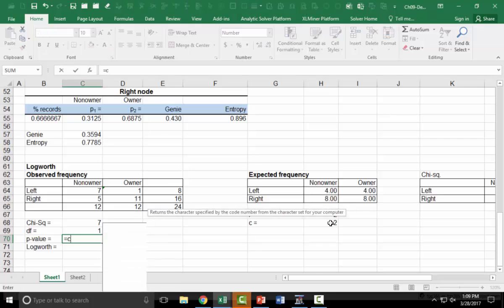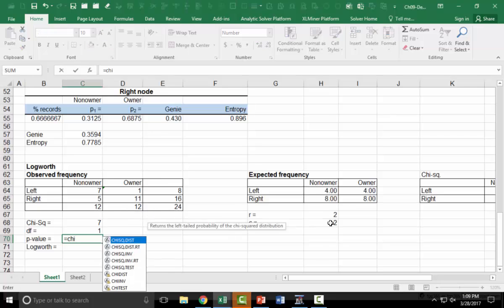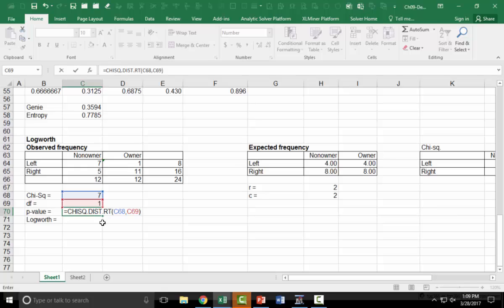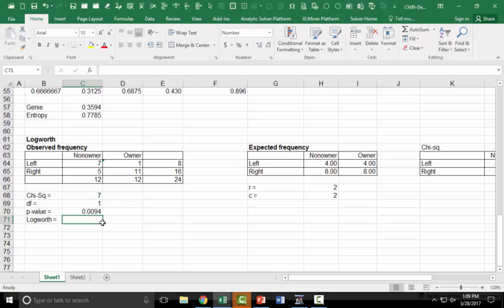So P value then is chi-square distribution on the right side. So we want the right side tail. So chi-squared value and then degrees of freedom. So that will give you the P value, right?